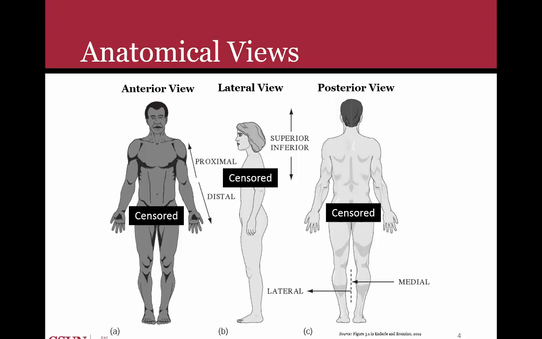So this slide is giving you an idea of the types of views you can take when you're carrying out imaging. These are pretty much definitions, and they're going to come in handy when we start seeing different images, whether it be an image from an MRI, an ultrasound, or an X-ray as well.